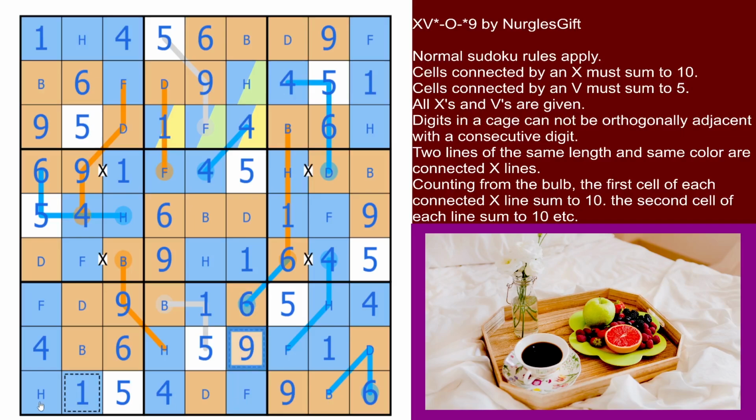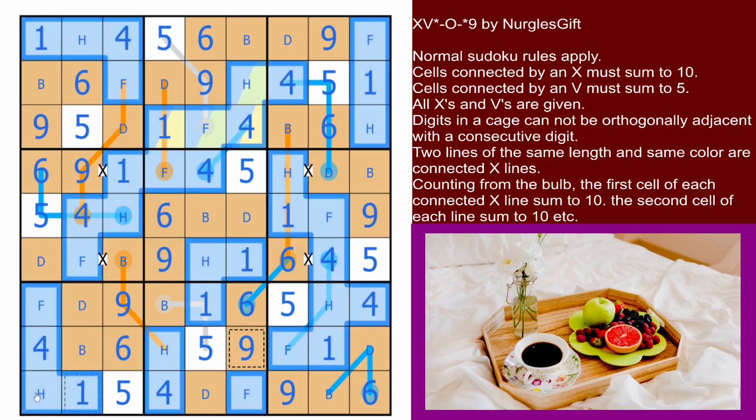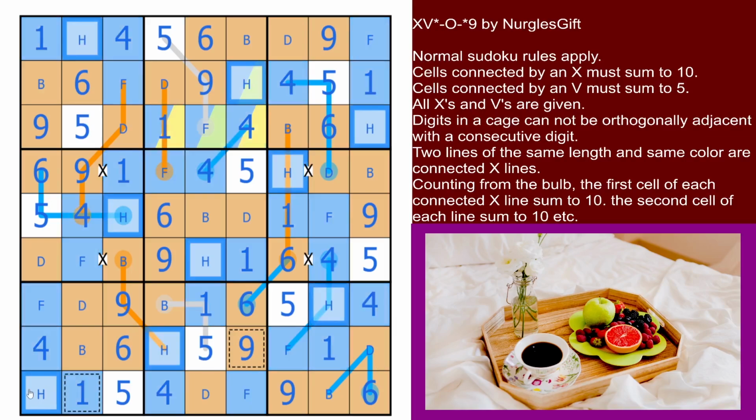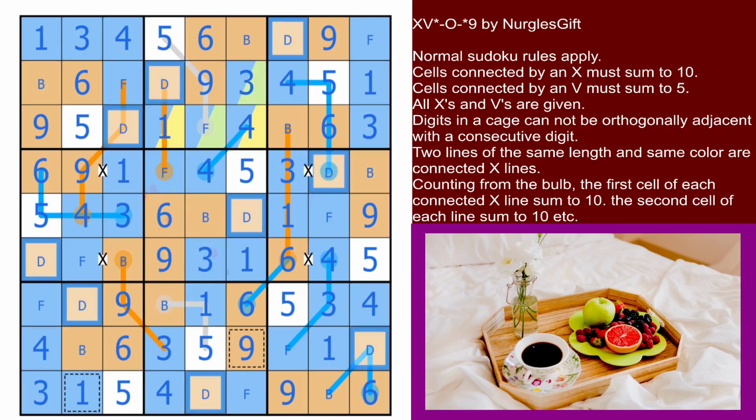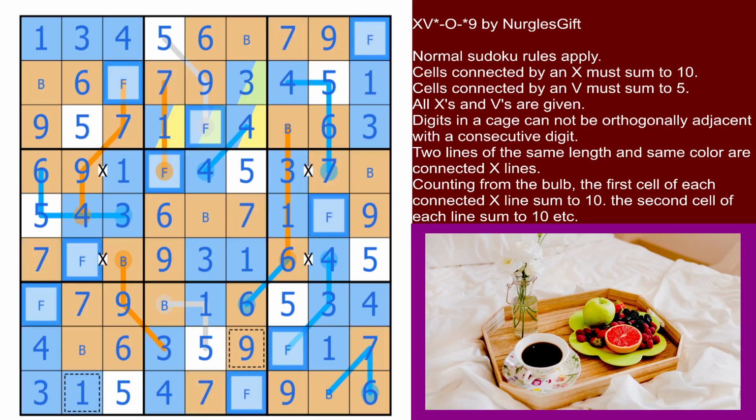Which one is 2 and which one is 3? Oh, that cannot be 2, right? H must be 3. Yeah, that's so simple. H must be 3. That means D must be 7. And now remaining F must be 2. And that means B must be 8.